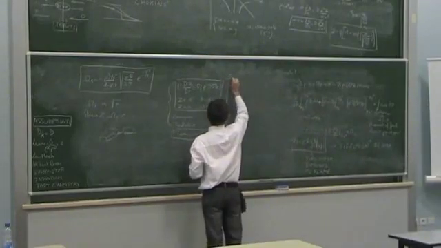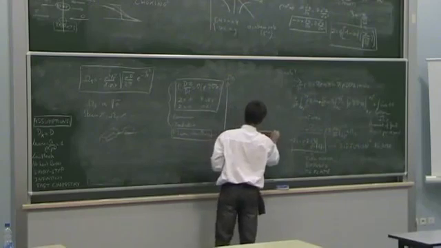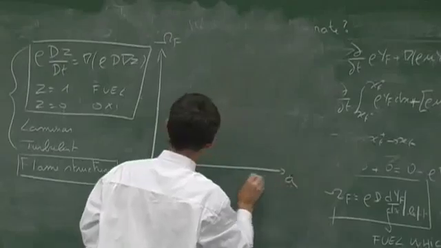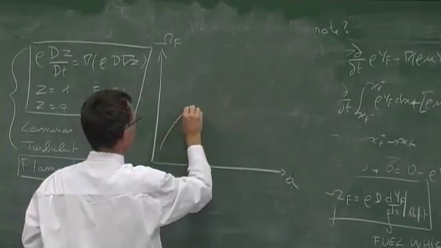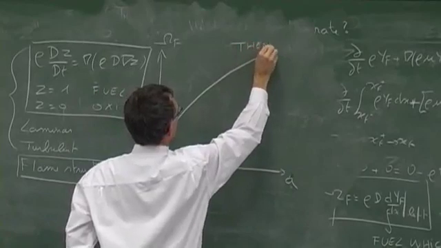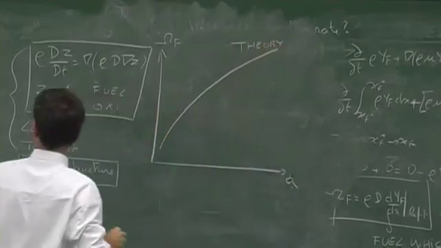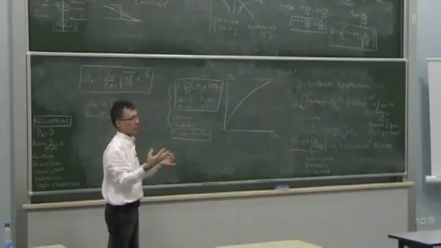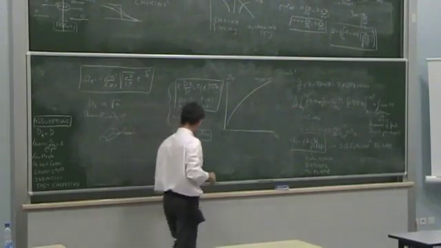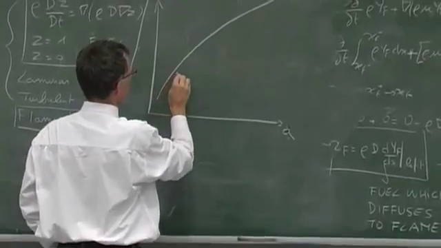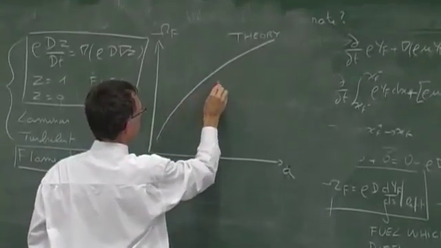If you look at this prototype here of the strained diffusion flame, and you put here the strain A, you have a curve like this one, which would be the theory, which would be exactly this curve. And when you do experiments, or when you do simulations, you find that the real world works pretty well up to a certain point here.